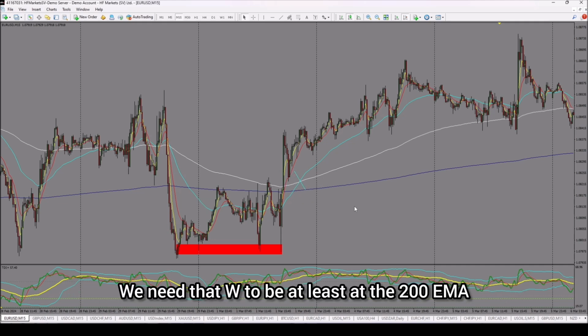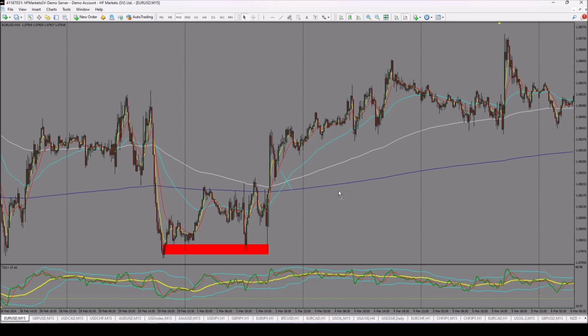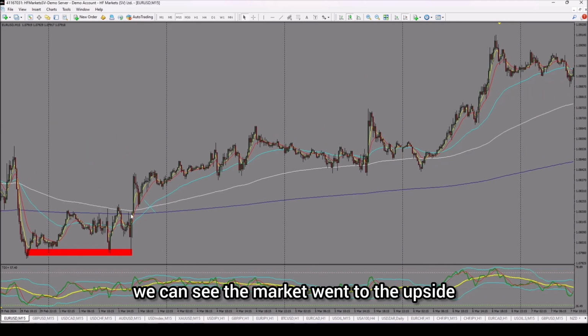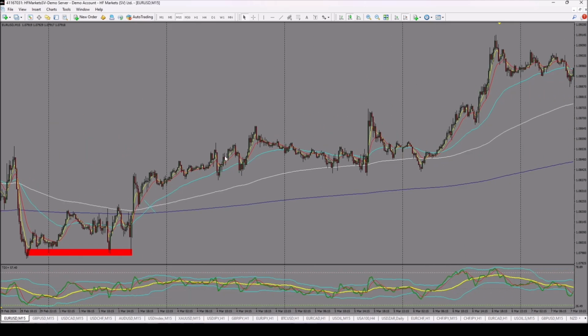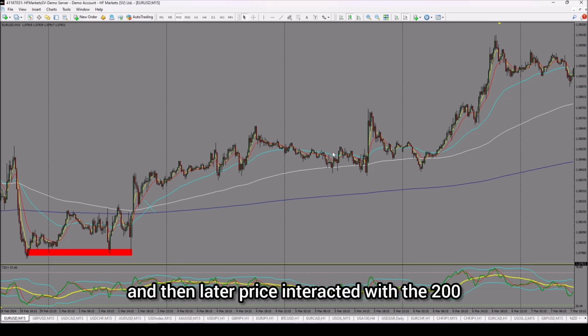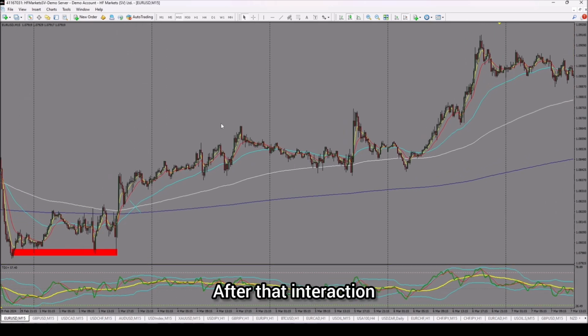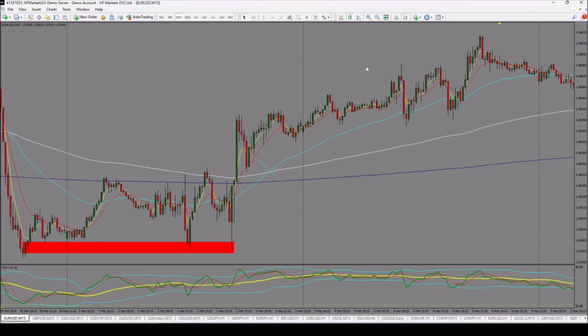We need that W to be at least at the 200 EMA or slightly above the 200 EMA. In this case, the market went to the upside. We did not have price interaction with the 200 EMA, and then later price interacted with the 200 EMA at this particular point.